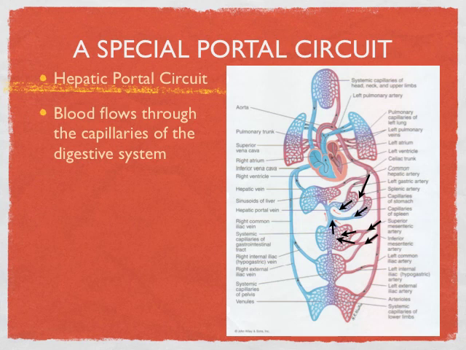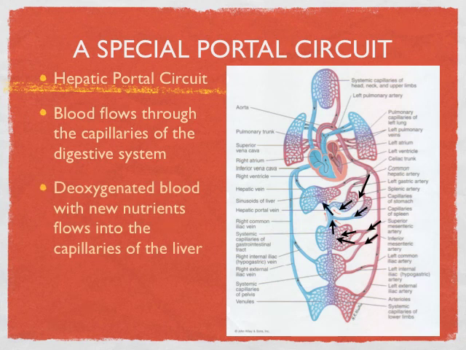The blood in all of those capillaries then flows into the veins and into this organ right here. And we did have a chance last week to look at some organs in the human body, the liver being one of those. And you see the vague outline or shape of the liver here. And that's why this is called the hepatic portal circuit, because hepatic is a word that makes a direct reference to the liver.